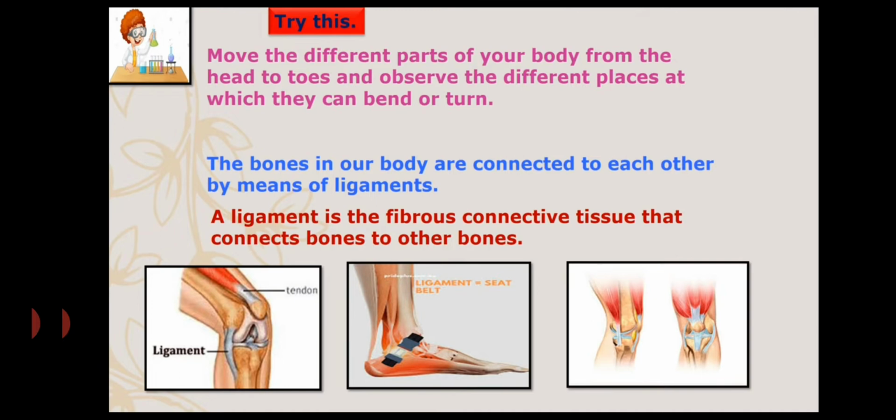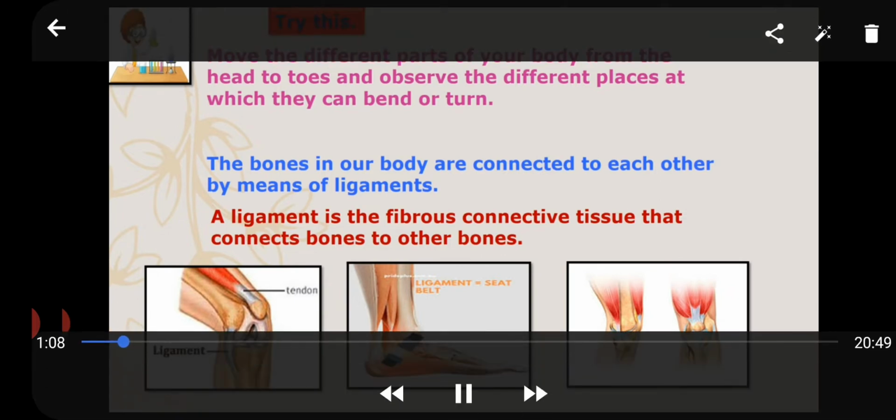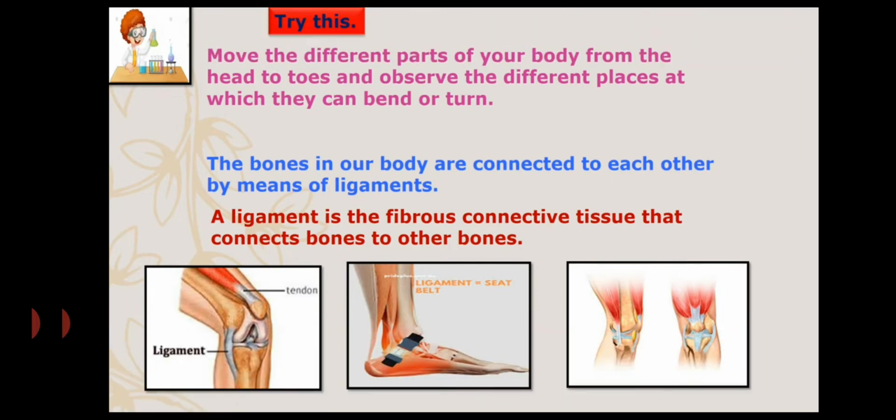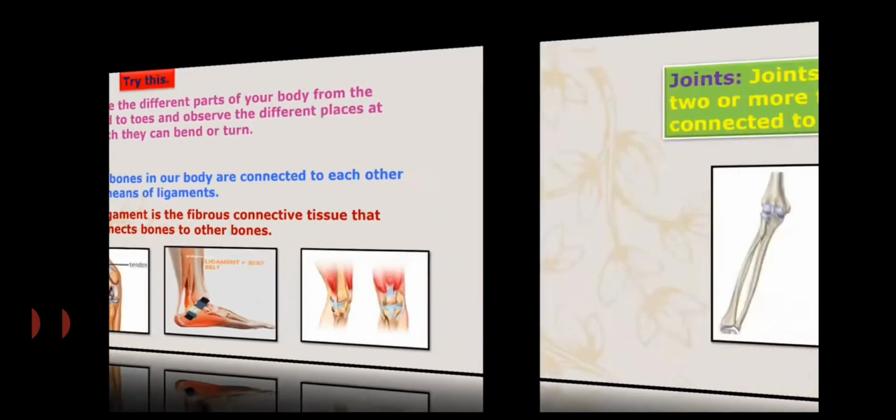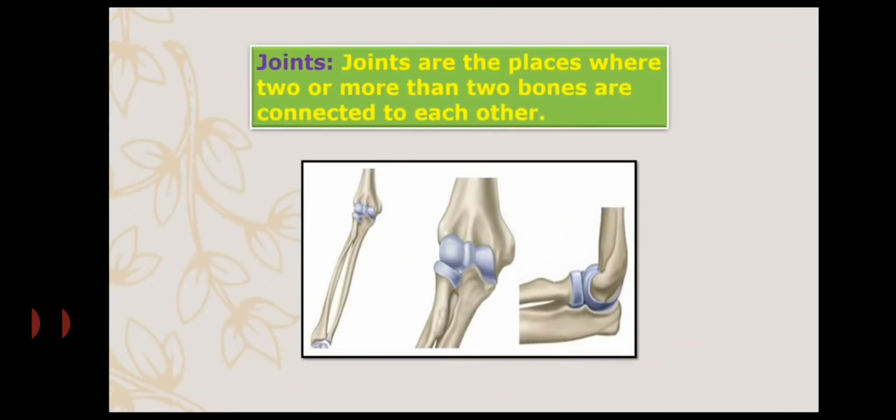So children, here we are going to continue: joints are the places where two or more than two bones are connected to each other. So here we can see so many joints are there, but the definition is, joints are the places where two or more than two bones are connected to each other.